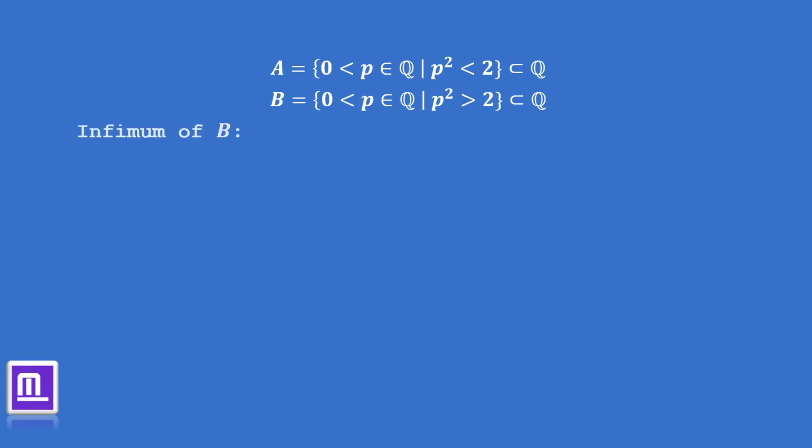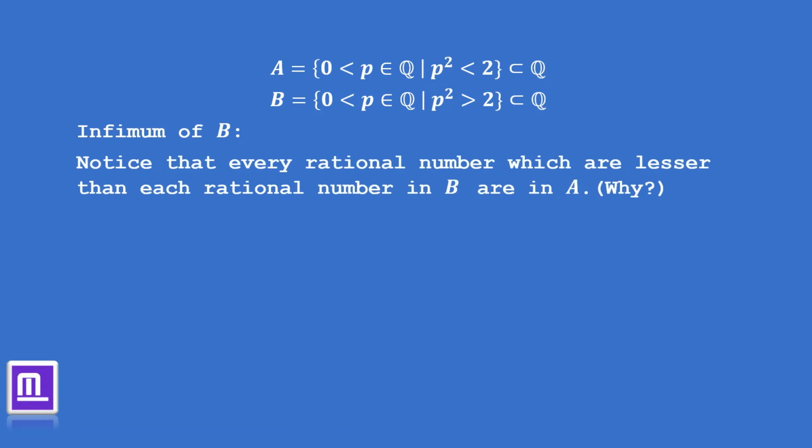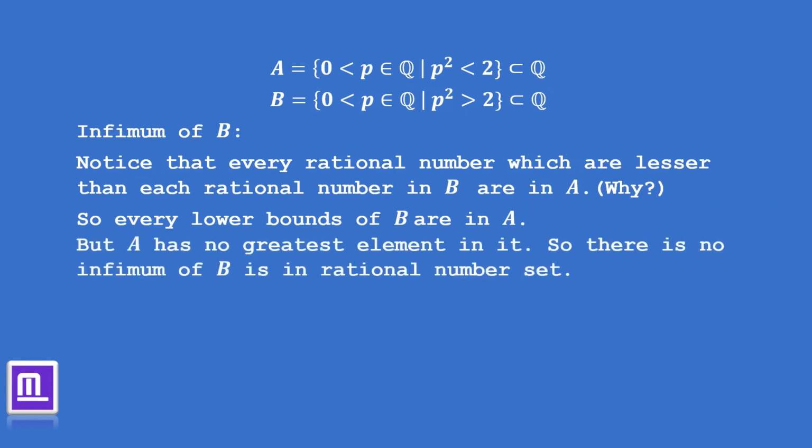Now consider the infimum of B with respect to Q only. Note that every lower bound of B is in A. Again, A has no greatest element, so there is no infimum of B in the rational number set.